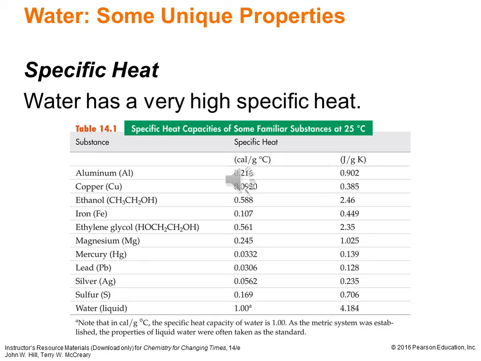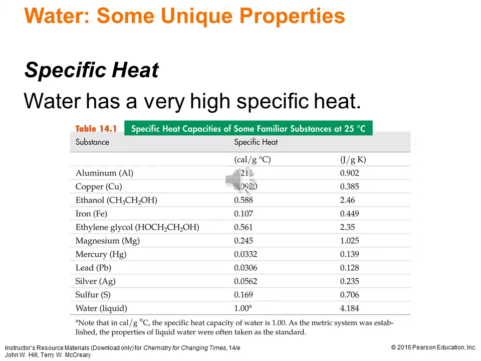The highest value we see there is 0.561 calories, or 2.35 joules per gram degree Celsius, or Kelvin unit, for ethylene glycol, and then ethanol is just slightly higher at 0.588 calories per gram degree Celsius, or 2.46 joules per gram Kelvin.